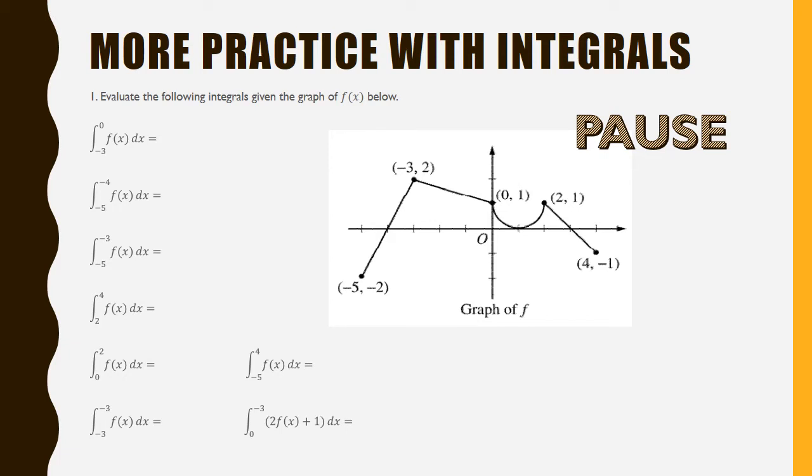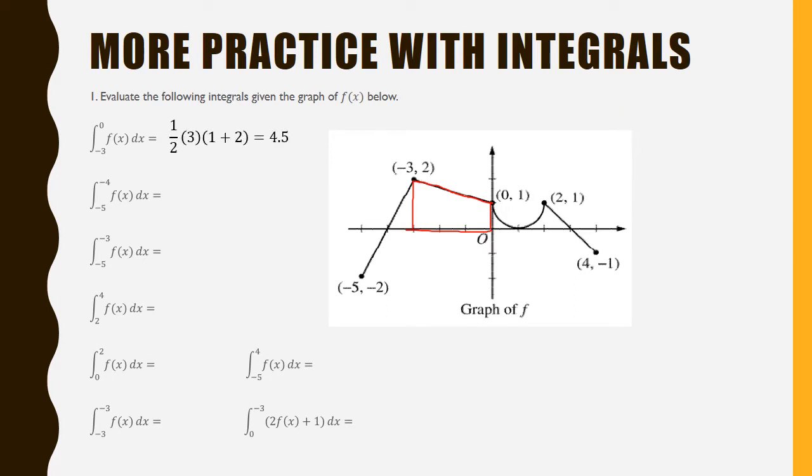Alright, welcome back. Alright, so a little bit more with area here. The integral from -3 to 0. So, from -3 to 0, here's the left boundary at -3, the right boundary at 0, and here's the x-axis, and here's the function, and hopefully you recognize this as a trapezoid.